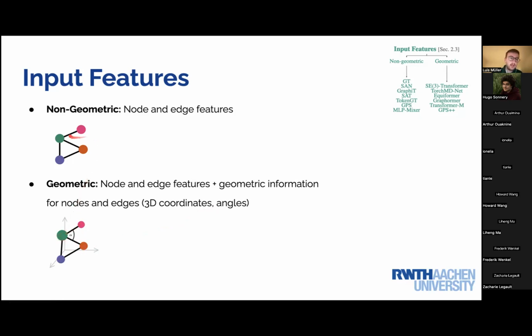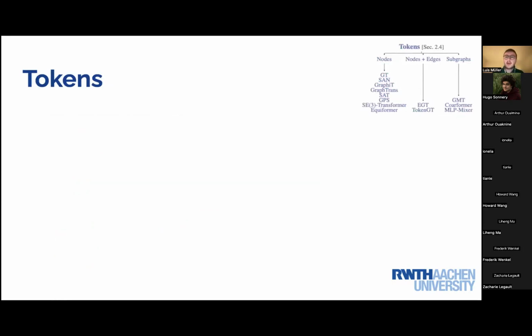While edges were just between two nodes, now we already have input features that relate up to three nodes with each other. That's the most basic distinction that you can make. There are transformers specifically for 3D graphs, and they come with their own challenges, but I will not go too deep into that for now.